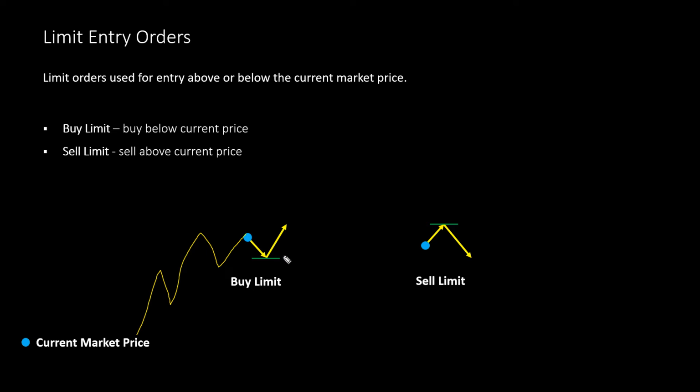You cannot be around the computer, around your laptop, around your platform, and execute the trade whenever price reaches your level. One of the options the platforms have for you is to use a buy limit.